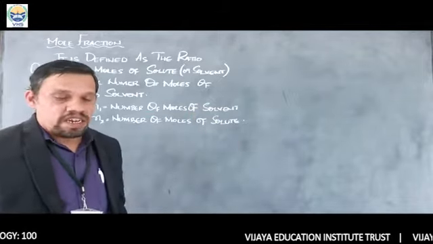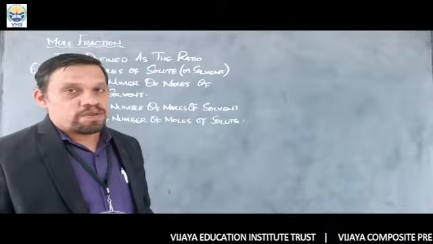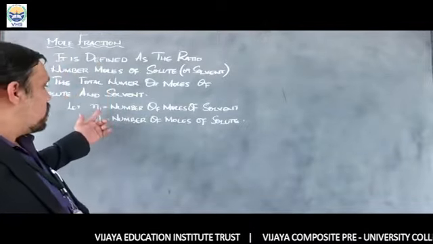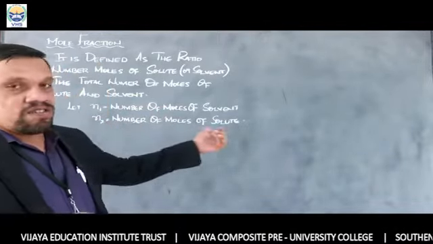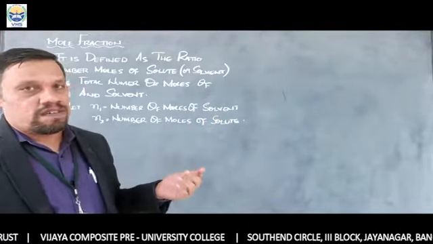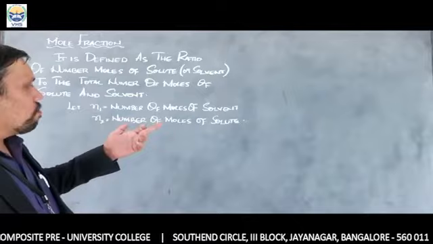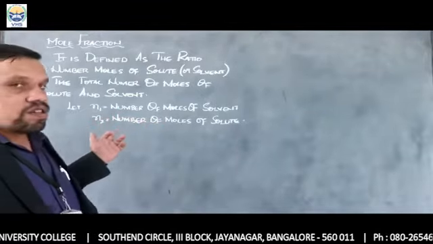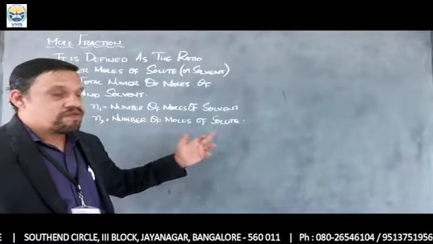In your textbook, they may have also expressed it as A and B, where A means solvent and B means solute. Let us stick to any one of them so that people don't get confused. So N1 is the number of moles of solvent, N2 is the number of moles of solute.